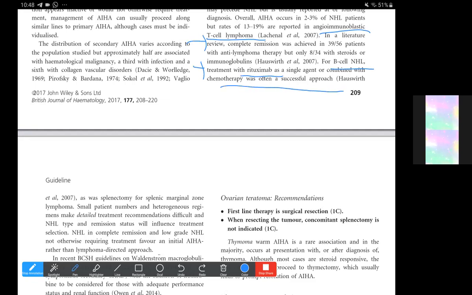So in angioimmunoblastic T-cell lymphomas, the anti-lymphoma therapy combined with the steroids or immunoglobulin may be given. But in NHL, just the single agent rituximab or combined chemotherapy in certain cases was often a successful approach.